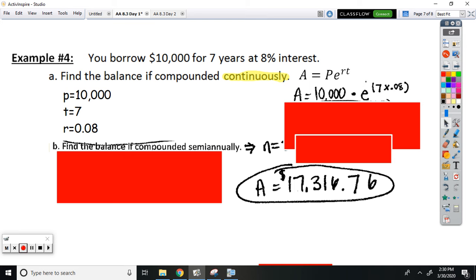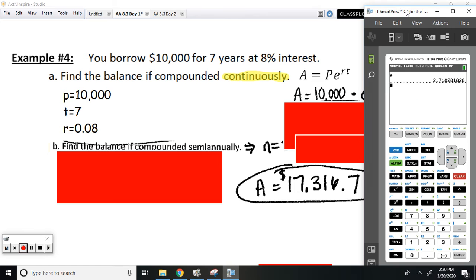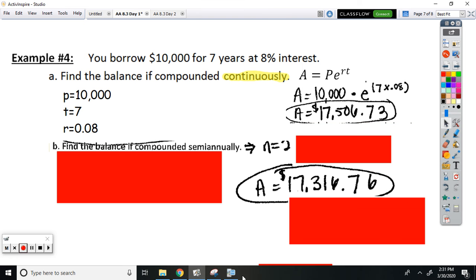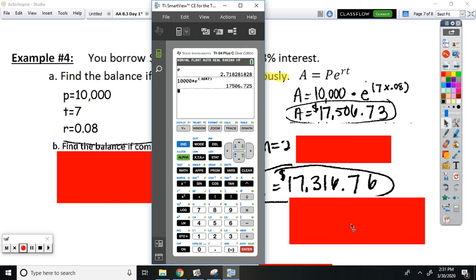So again, in our calculators, type in 10,000, and then times the E button. I would press second ln because it automatically gets you that exponent. And in the exponent, we're going to put 0.08, which is our rate, times 7 years, which is our time. And so we should get 17,506.73.